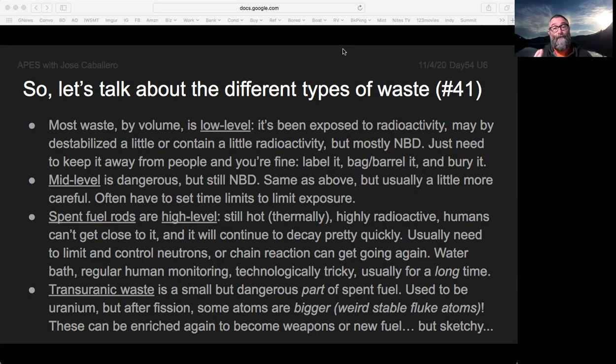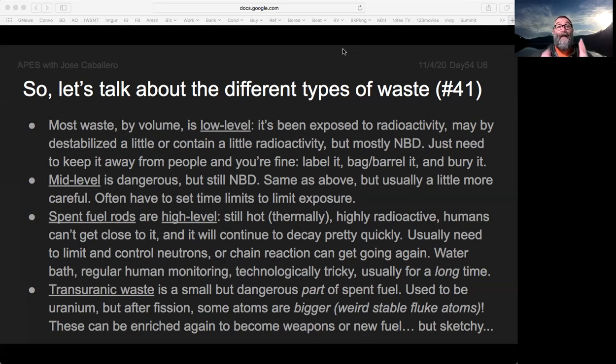Finally, high-level radioactive waste is the spent fuel rods that are really hot, falling apart. They are the average decay products that we talked about earlier. This stuff is highly radioactive. You cannot get close to this. And here we have to block those neutrons to keep more reactions from happening.